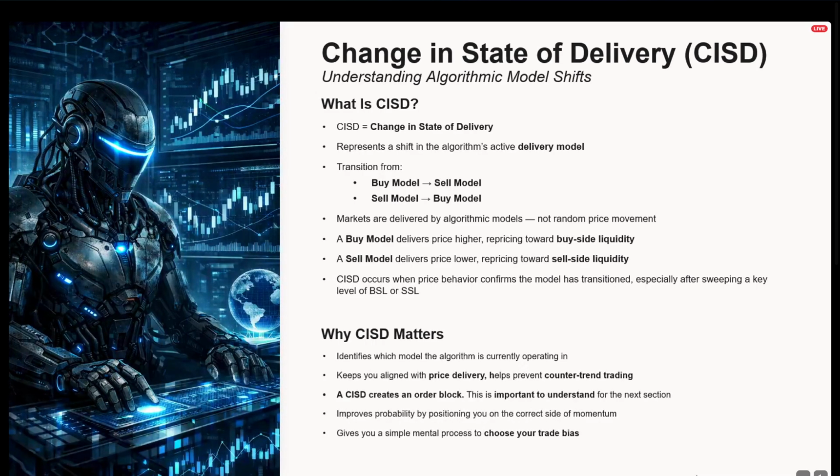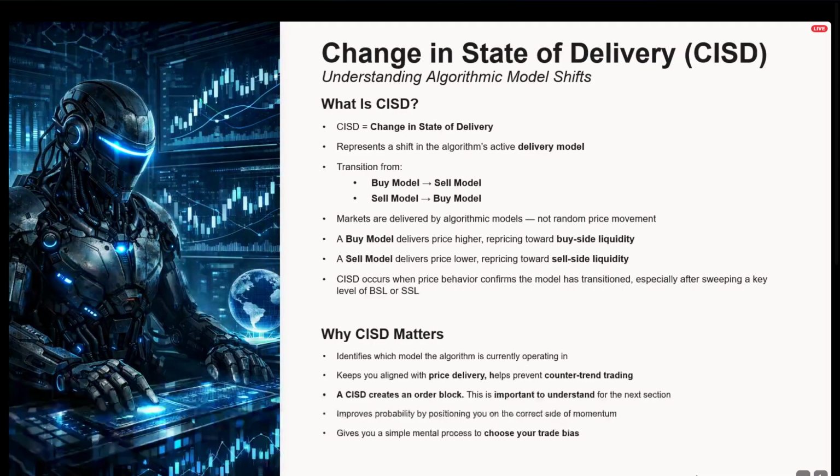It prevents you from counter trend trading. You're not catching knives, and you're not trying to short very aggressive pops. And being on the right side of the direction of the market, as long as you have enough time on your trade, you're going to have a much higher success rate.